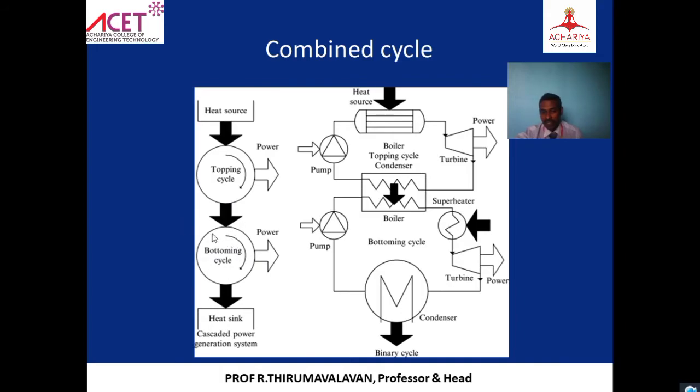So two times we are taking the work out, top cycle and bottom cycle. Then it goes to the heat sink. Heat does not go directly from the source to the sink after performing work in one cycle; it is used for the two cycles, right? So that was explained here, how it works.